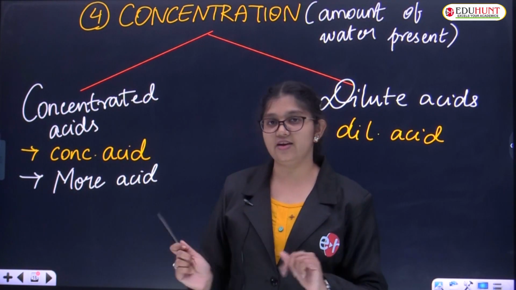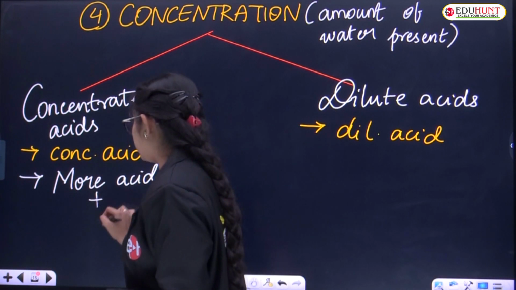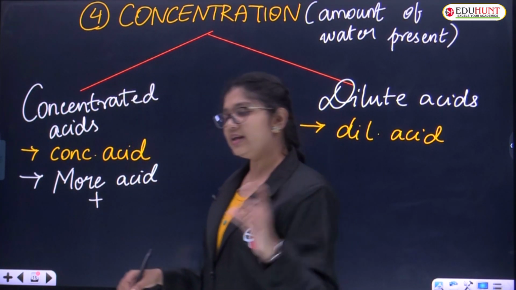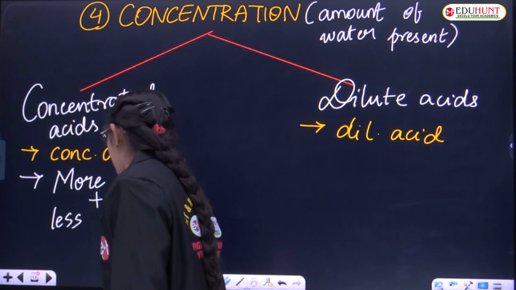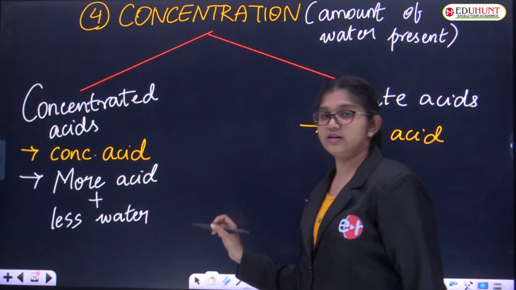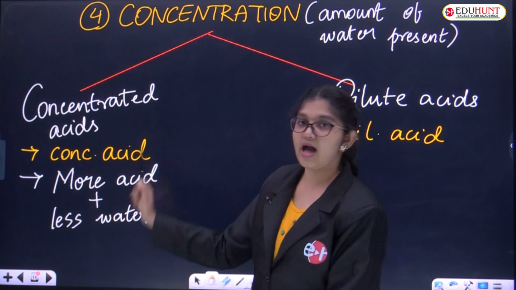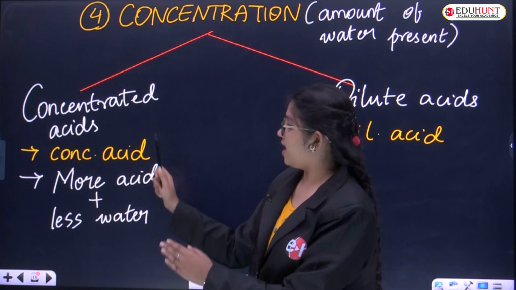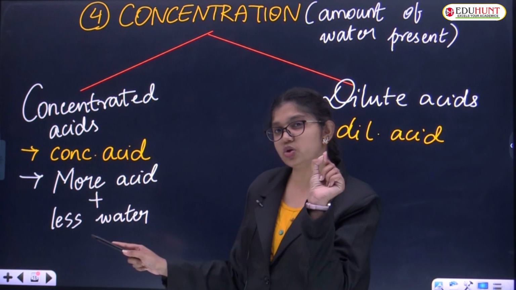Yes, with the more amount of acid, a very little amount of water is mixed. More acid and very little water, if we mix these two things, we call it concentrated acids, which means more acid with very little amount of water.